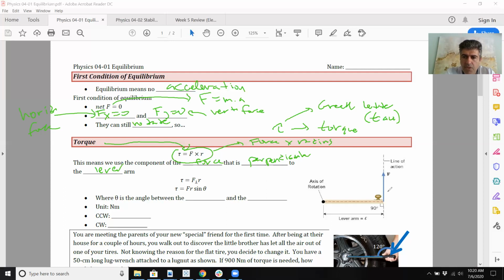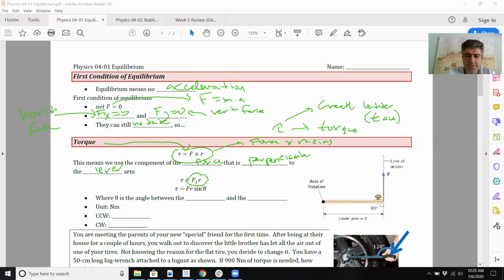The force that you're applying will be perpendicular to the actual thing that's moving. That's what's meant by perpendicular to the lever arm. So usually we say it's really going to be the perpendicular force times radius. Or if you have a force that's angled, then it's force times sine theta.